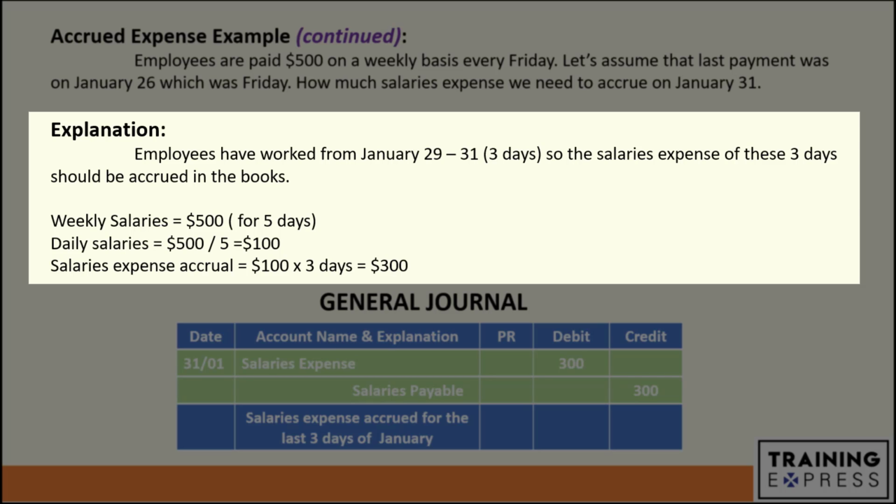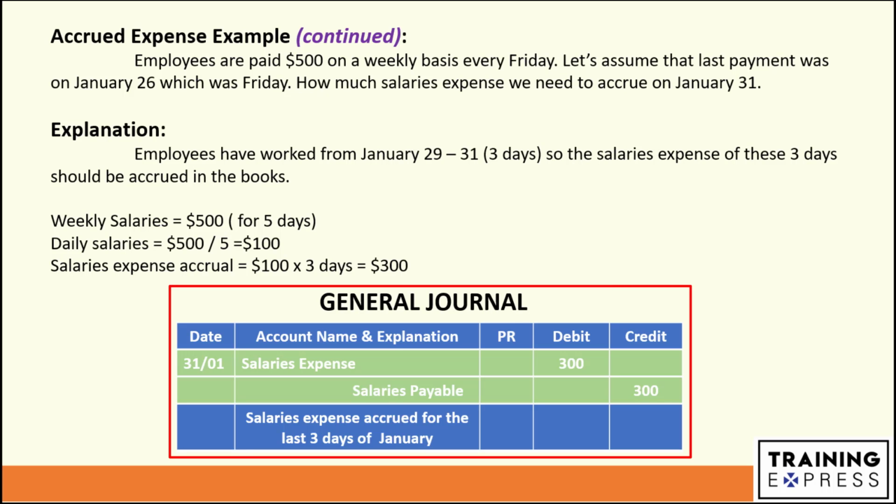Now let's calculate weekly salaries: $500 for 5 days. Daily salaries: $500 divided by 5 is equal to $100. And because employees have worked for 3 days, we will multiply 3 by $100. So our salaries expense accrual will be $300.